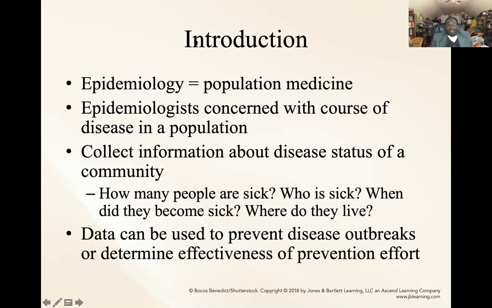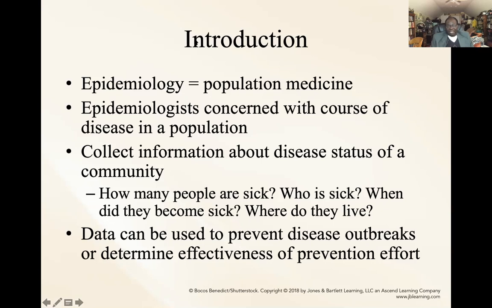So, for instance, in some areas wherein there is an outbreak of a certain bacterial infection, they can do the timeline. When was that outbreak? So that then they can find out, or where do they live?